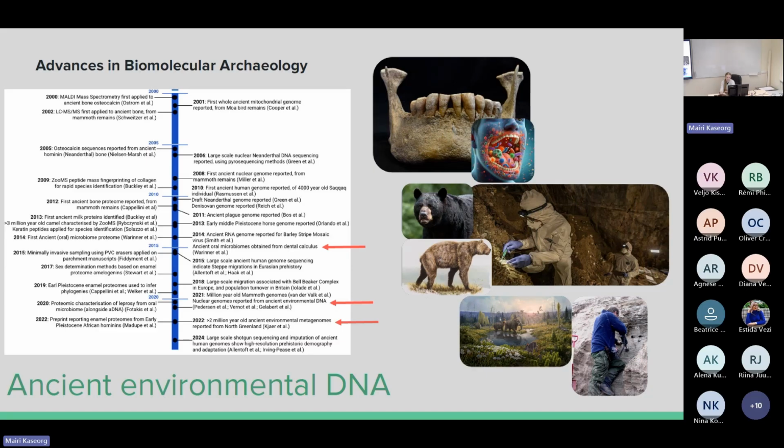In the last 5 years, the first nuclear genomes from environmental samples have been reported, and also very recently a more than 2 million year old metagenome was reported from Greenland. So we are expanding in the amount of data that we can get out of these samples and also expanding in the time that we can study.